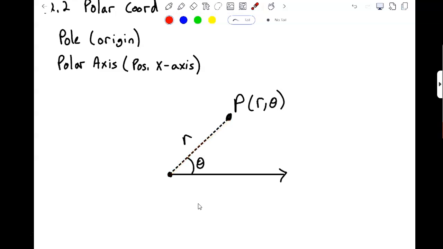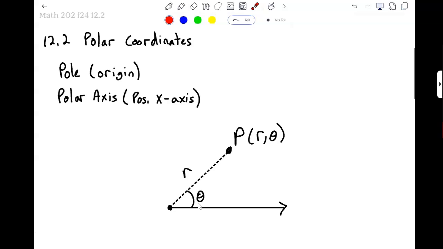If you can describe those things, then you can get to any point, just like the same idea as the horizontal and vertical displacement worked before. So we can actually describe any point in the plane using this setup of the pole and the polar axis.